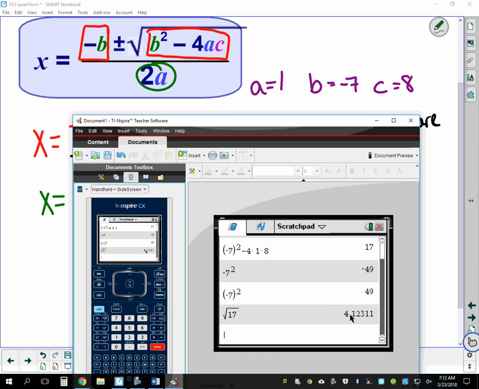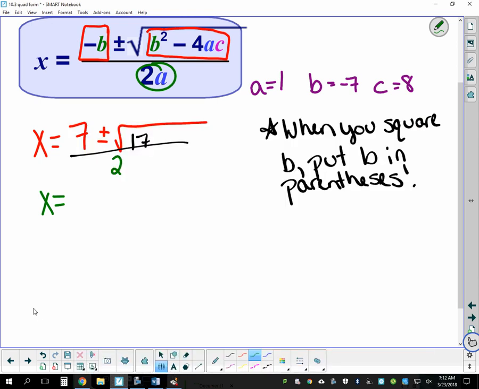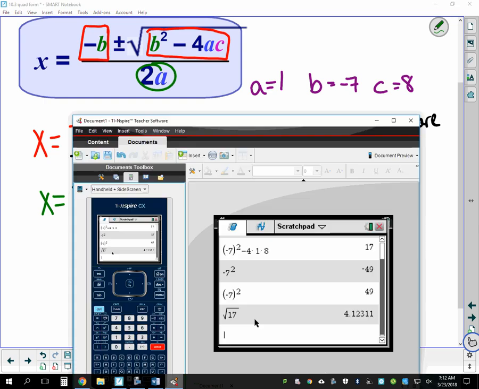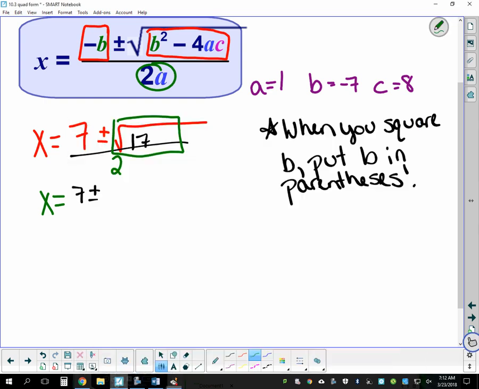So that would be 4.12. I didn't do anything with the 7. I didn't do anything with the plus or minus. I'm just calculating this piece now, and that was 4.12, all divided by 2.